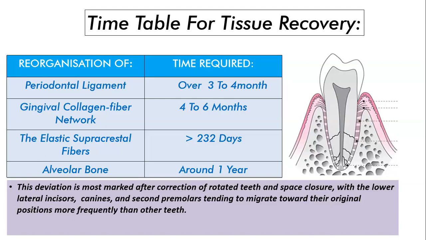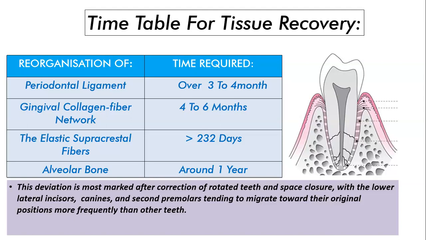So this kind of deviation that we are talking about, that is relapse, is also more after correction of certain teeth like rotated teeth. So rotated teeth usually relapse because of your transseptal fibers. Okay, it is more with that. Even with space closure, like rapid space closure, there is a tendency for it to relapse because you have an epithelial compression or an invagination over there.